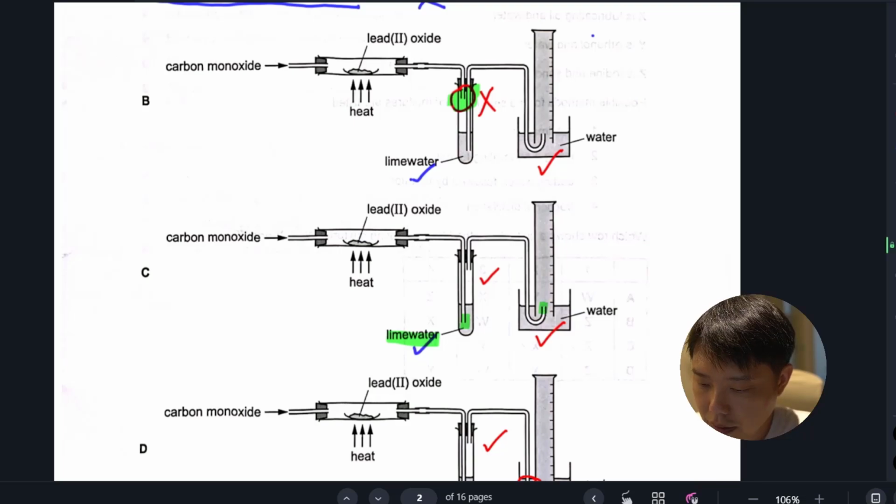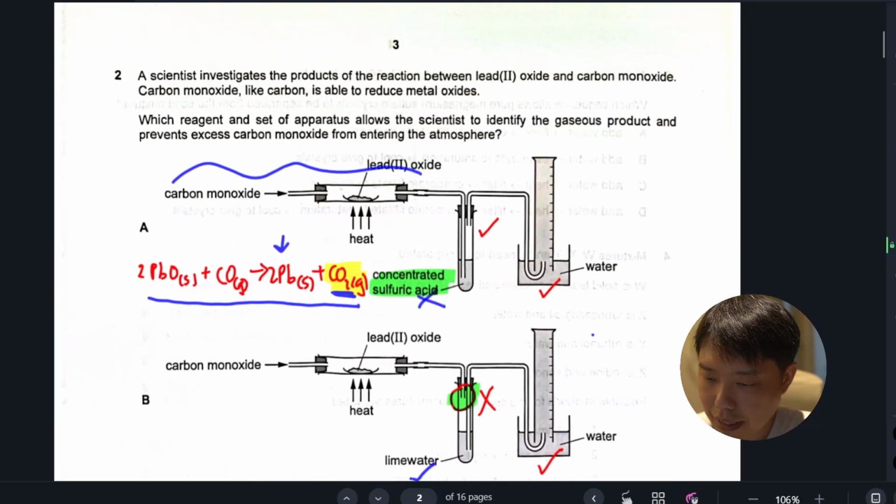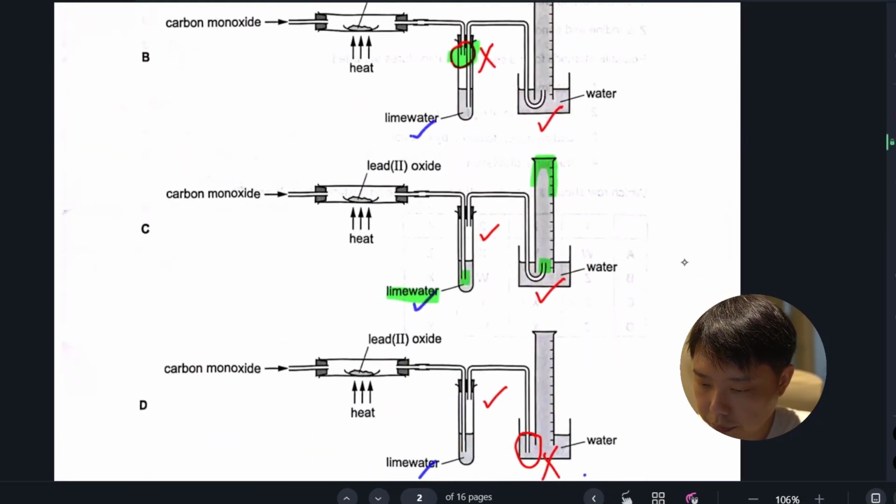And lastly, your tube extends into a dead end inverted measuring cylinder. Okay, so this is the best setup. It will identify the gaseous product and prevent excess CO2 from entering atmosphere. Okay, so our answer is actually C.